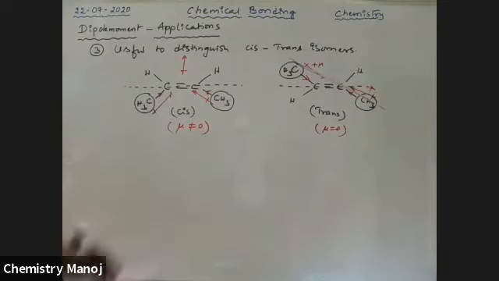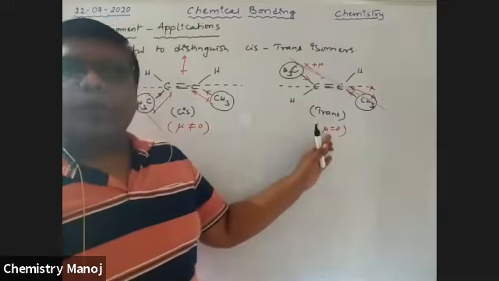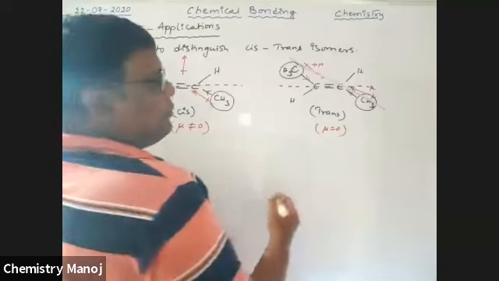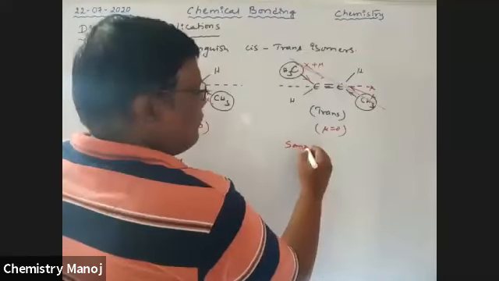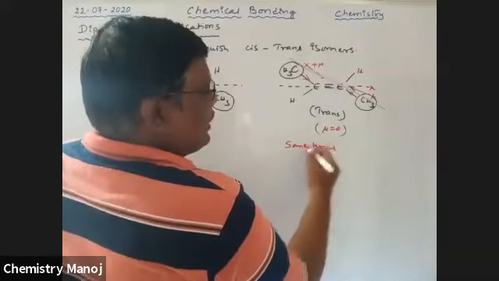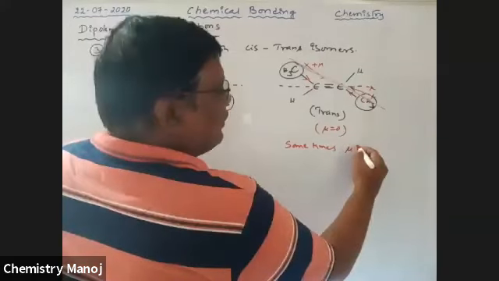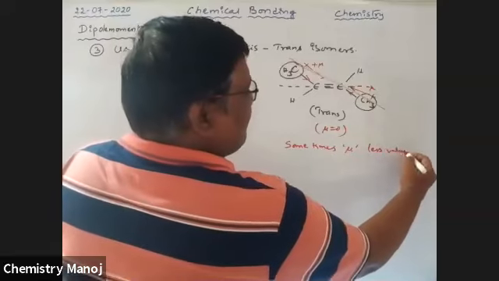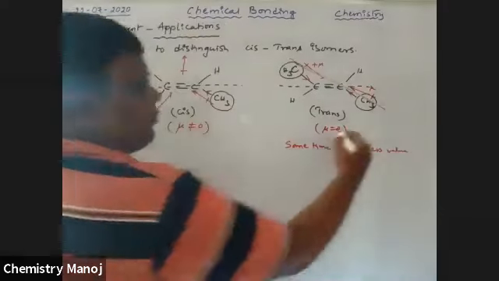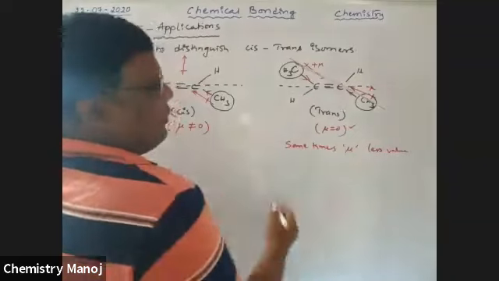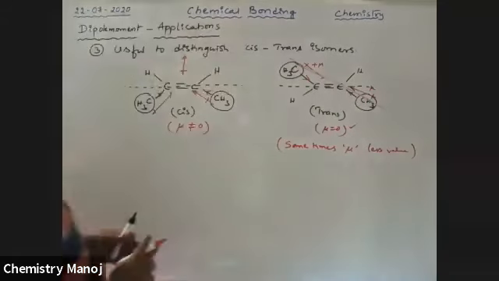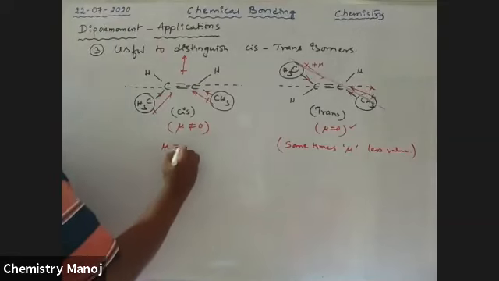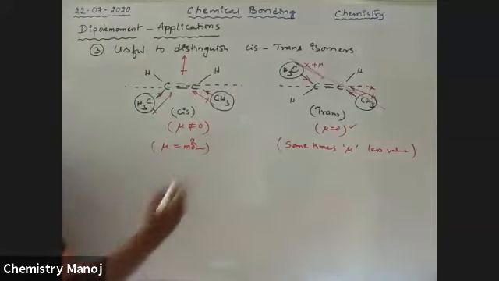So generally trans isomers have mu equal to 0 if these two groups are same, or sometimes mu has less value. Here mu has more value. More mu value, less mu value.